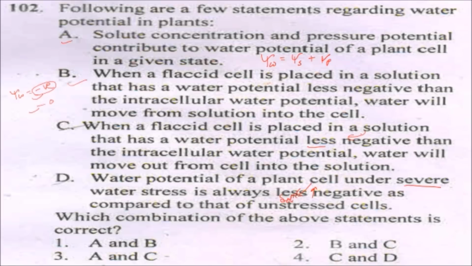But if that happens, then the plant will undergo permanent plasmolysis. So it should not be there, rather it should be a more negative value, so that it can take water from the solution and the cell may gain some water for its survival. So the statement is again wrong. So the statements which are correct are only A and B.